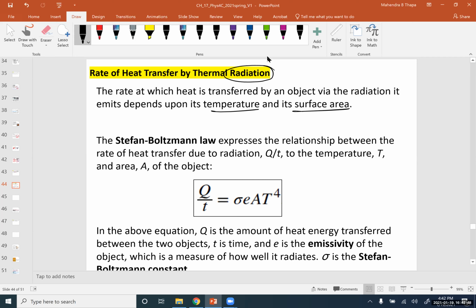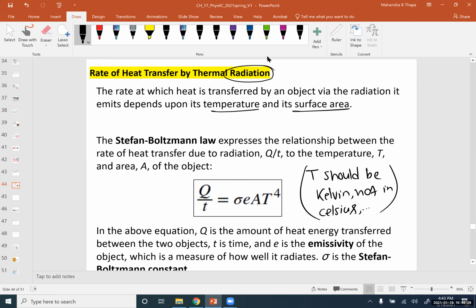For example, the rate of heat loss or gain will be equal to sigma times emissivity, surface area, and temperature to the power 4. But be careful that this temperature should be in Kelvin, not in Celsius or any other unit. It must be in the Kelvin scale.